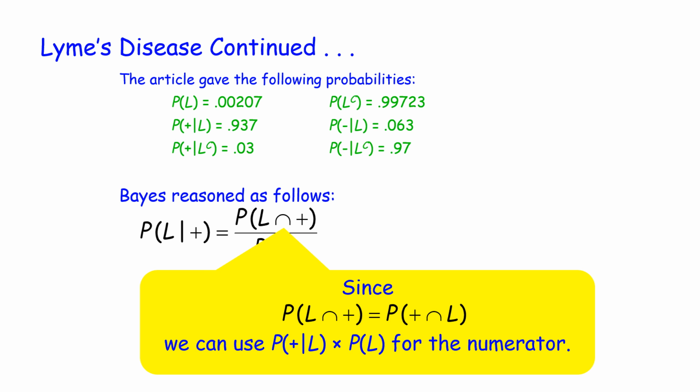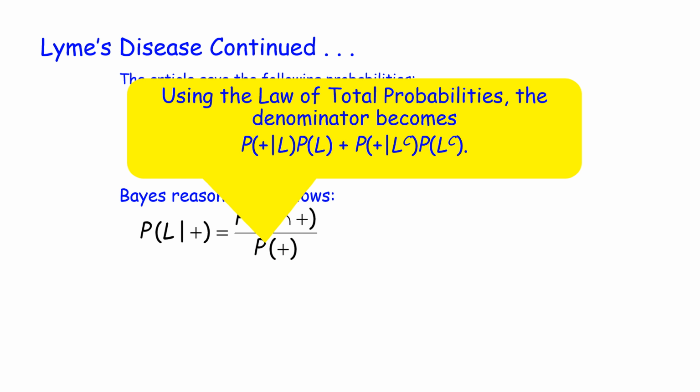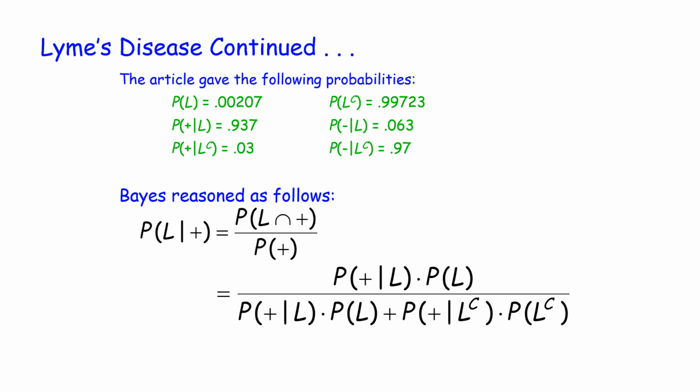Then using the law of total probability, the denominator becomes the probability of a positive test given Lyme disease times the probability of Lyme disease, plus the probability of a positive test given no Lyme disease times the probability of no Lyme disease, which comes out to this.